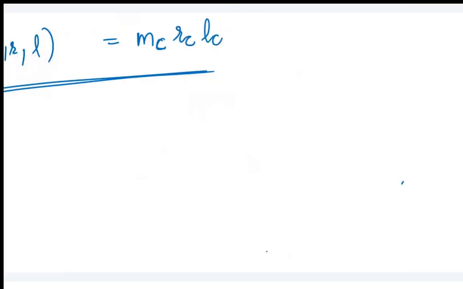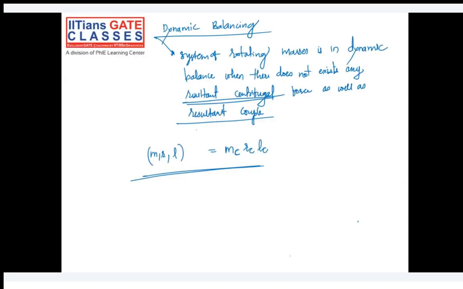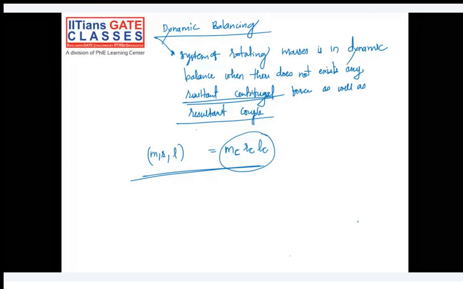If they ask you what the resultant couple is, or what the balancing couple should be, then the value is mc rc lc, and that is equal to the total resultant couple of an unbalanced system.